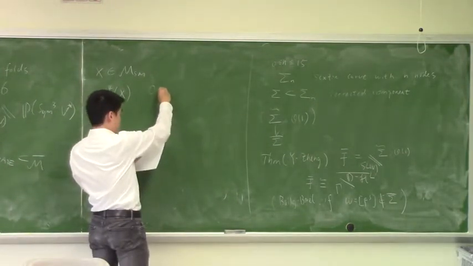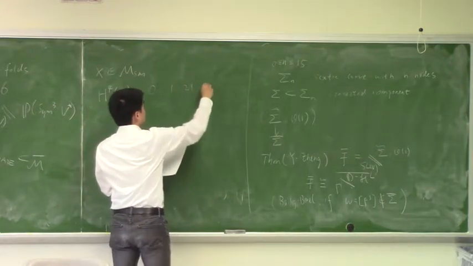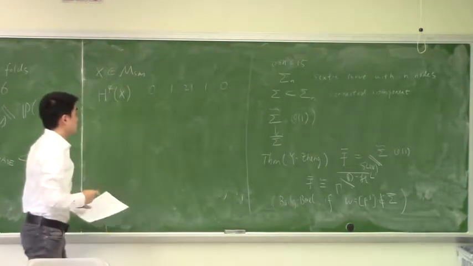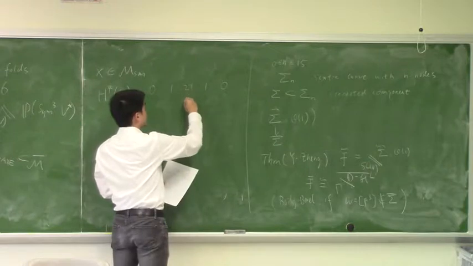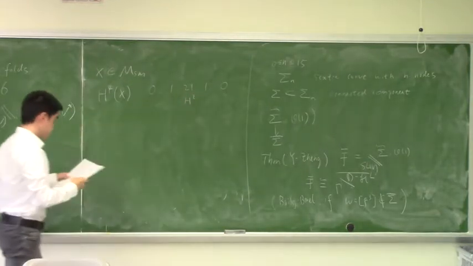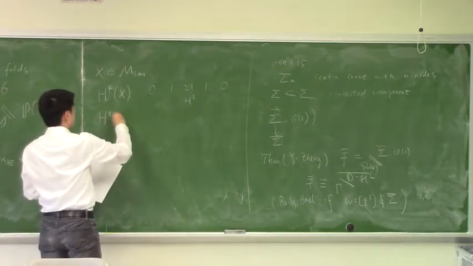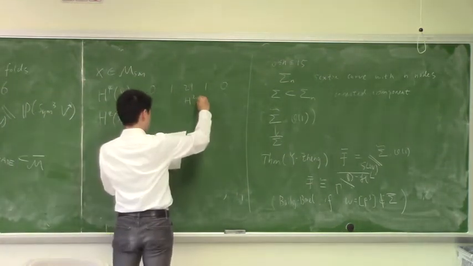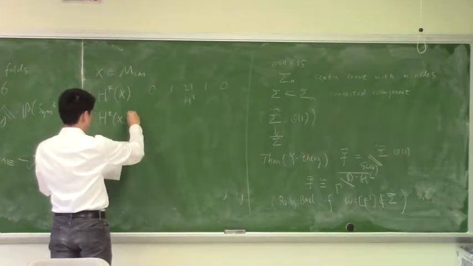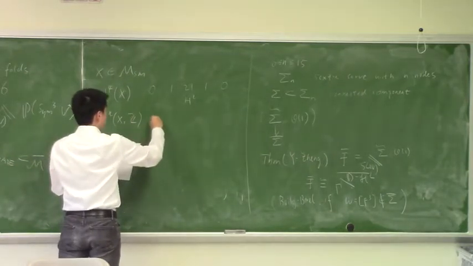The Hodge numbers are 0, 1, 21, 1, 0. And here you have the square of the hyperplane class. And we fix this data.